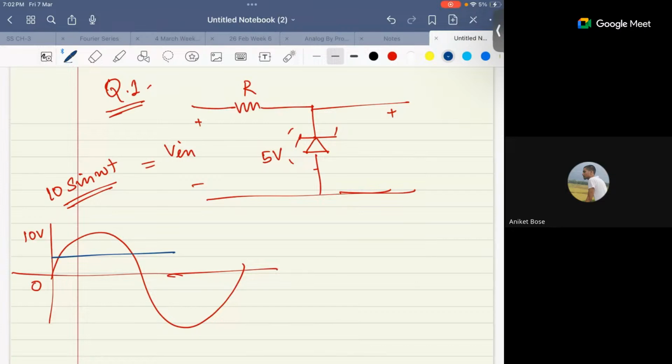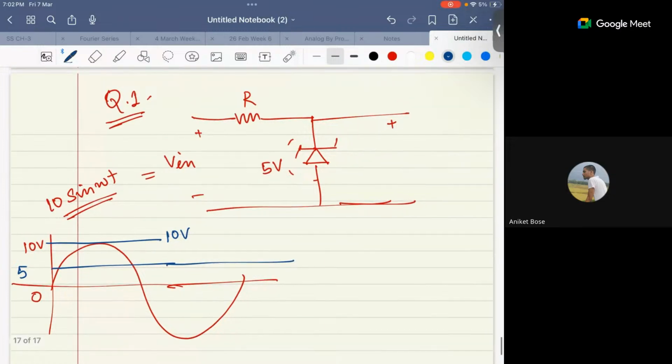This is 5 volt, this is 10 volt. What will happen in the positive half cycle? From 0 to 5 volt it will follow the sine wave, and after 5 it will get constant at 5.